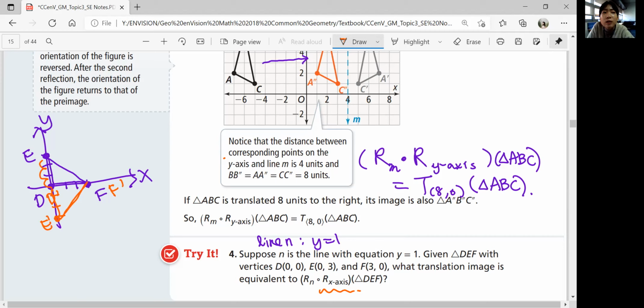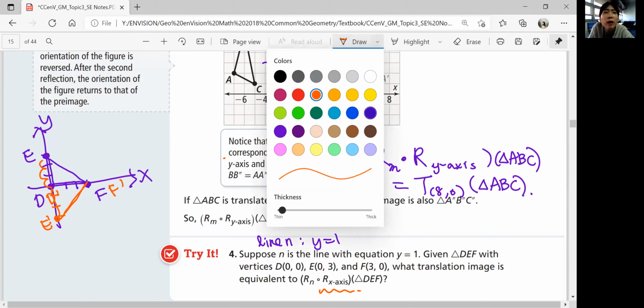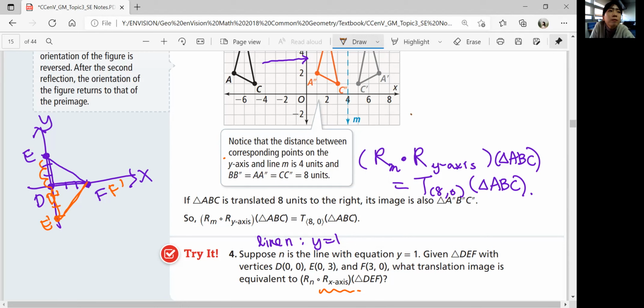Your second reflection is reflection across line n, which is y equals 1. Where is your line y equals 1? Right here, right? So if you reflect all the points across the line y equals 1, your D is 1 unit away from y equals 1.